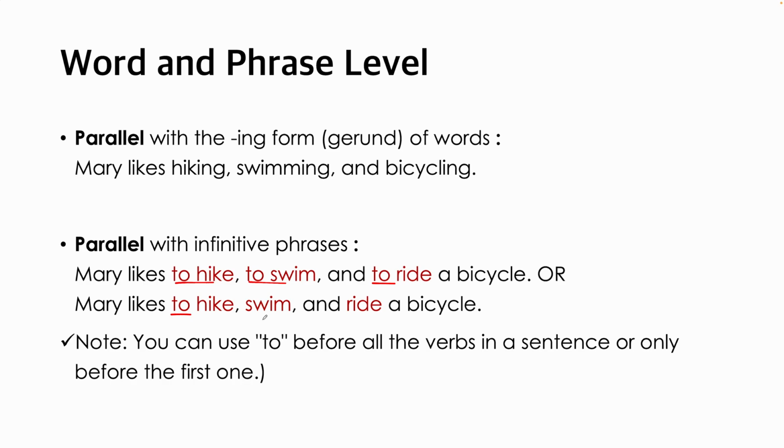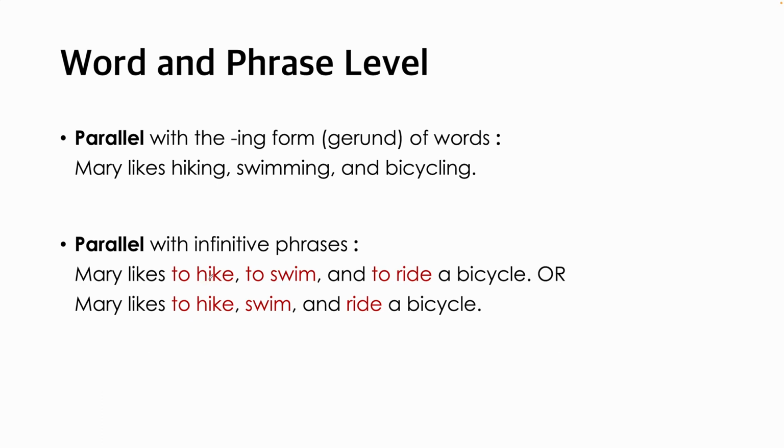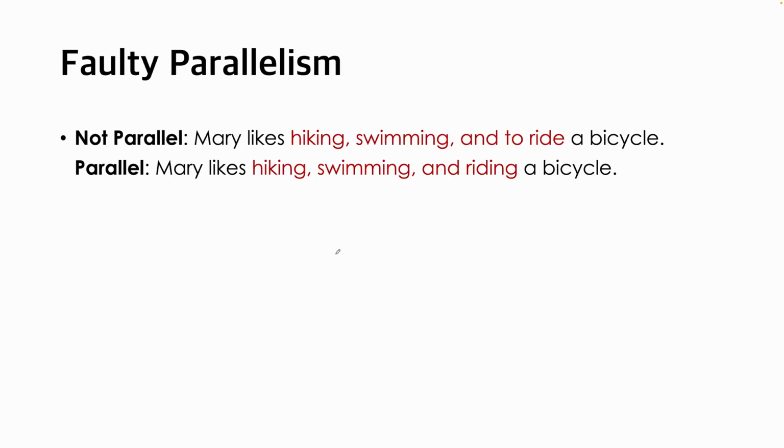All right? So both structures are fine because the verb like can take both gerund or infinitive phrases as its object, right? But what you shouldn't do is this. Mary likes hiking, swimming, and to ride a bicycle.